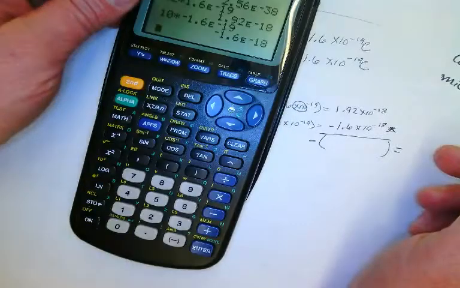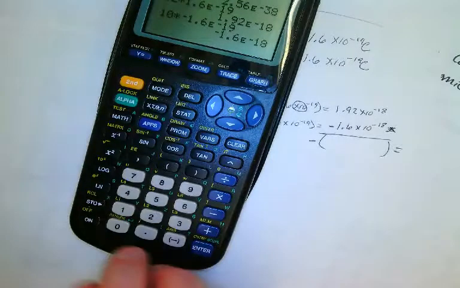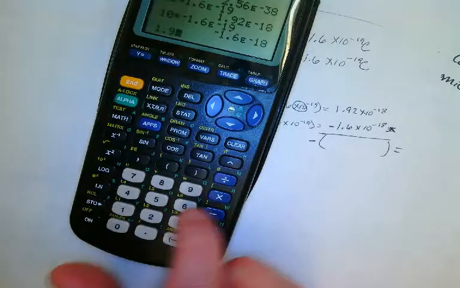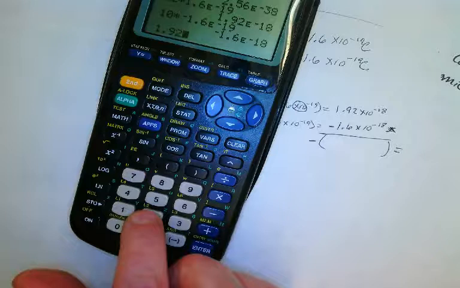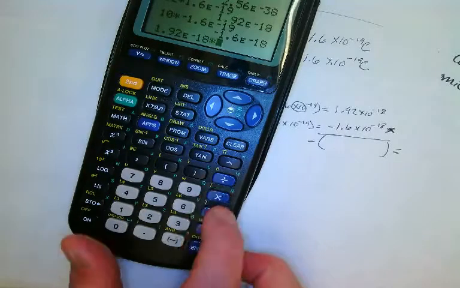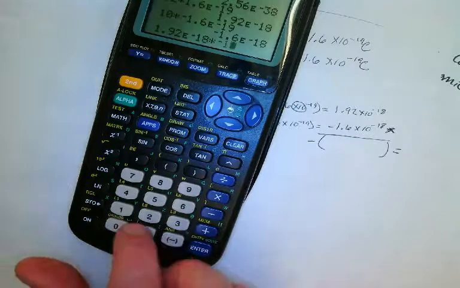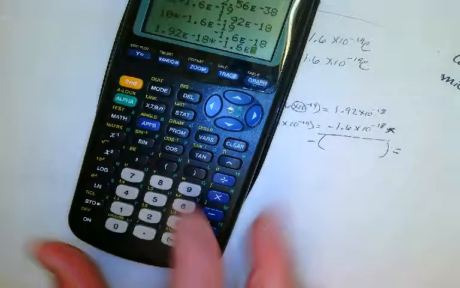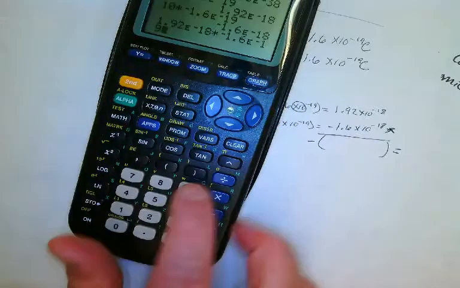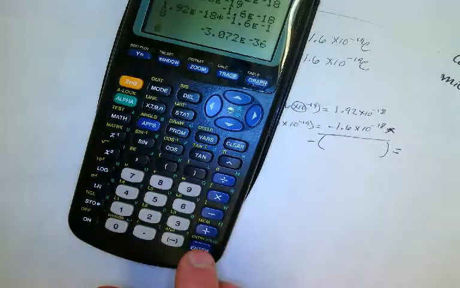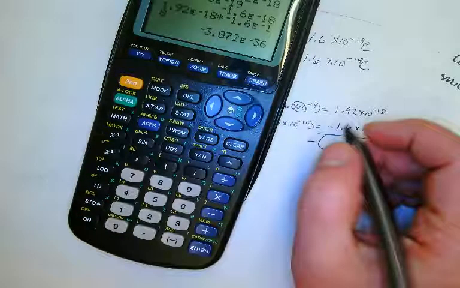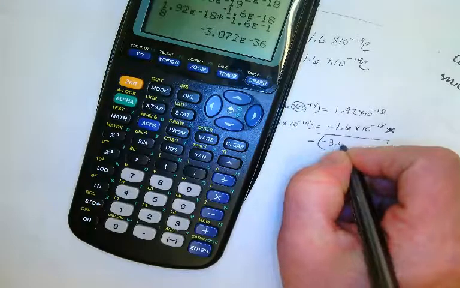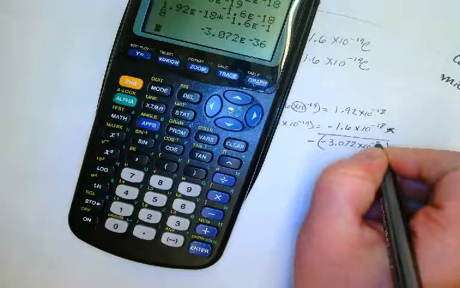So now I have to put these little numbers in. 1.92 second EE negative 18, times a negative 1.6 second EE negative 18, and I get negative 3.072 times 10 to the negative 36.